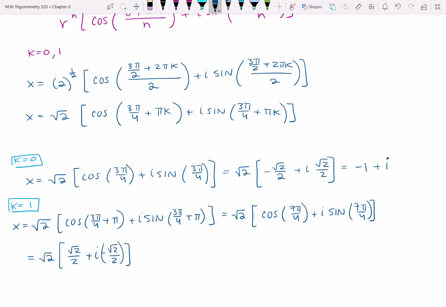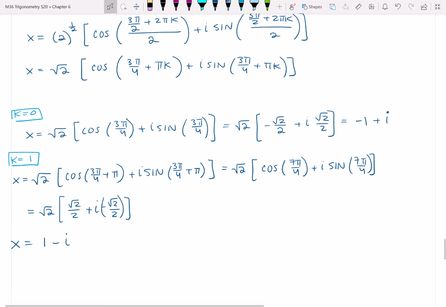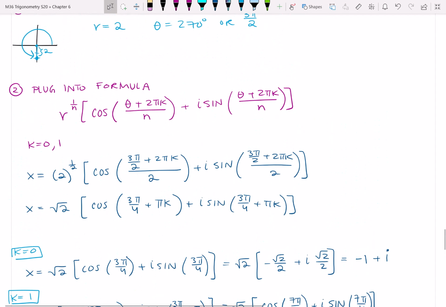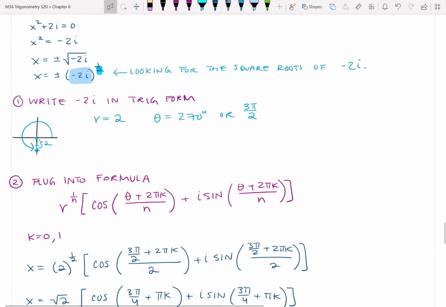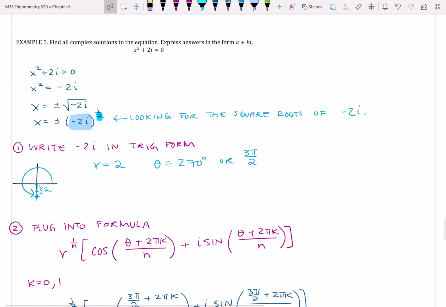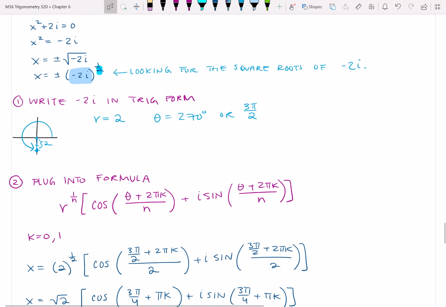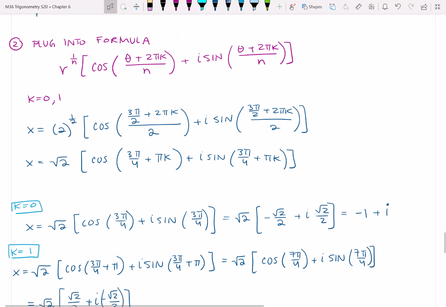So we clean this up a little bit, and x is equal to 1 minus I. All right, so we have our second solution, and actually that's it. We wanted to find the square roots of that complex number, and those were the two roots.